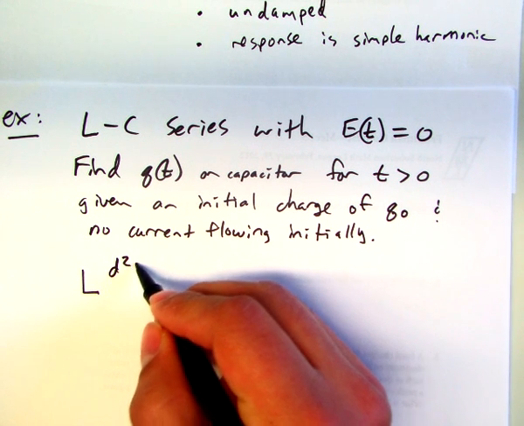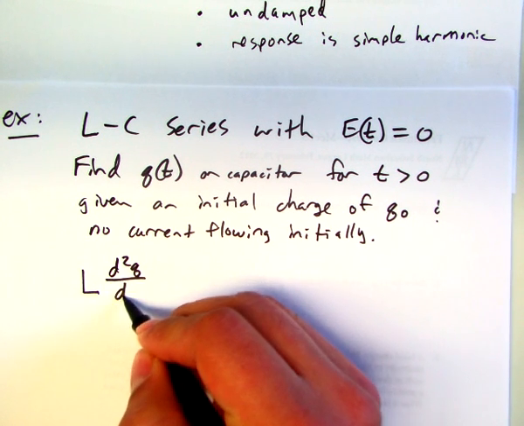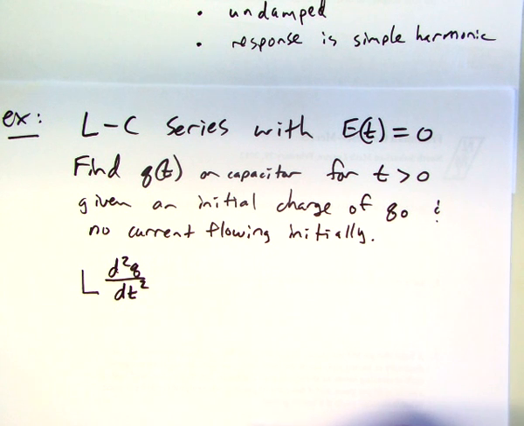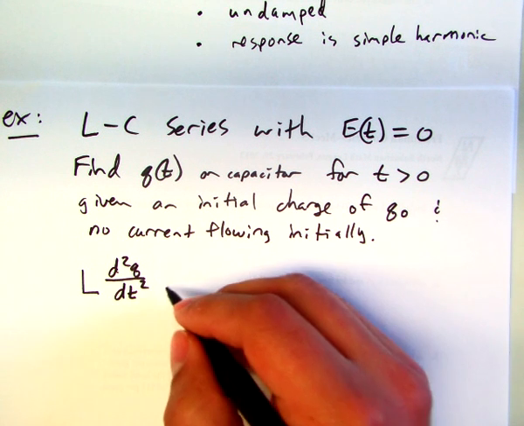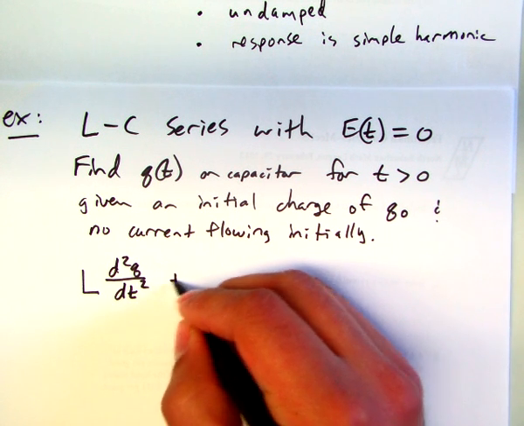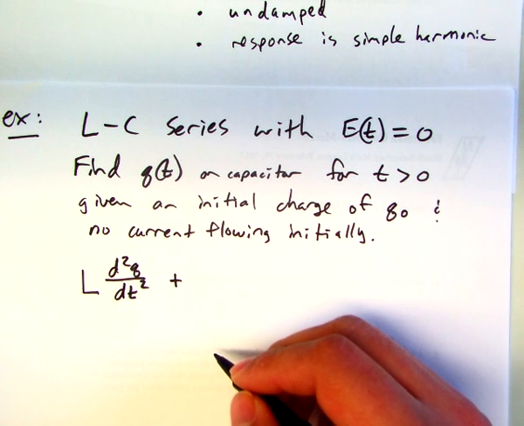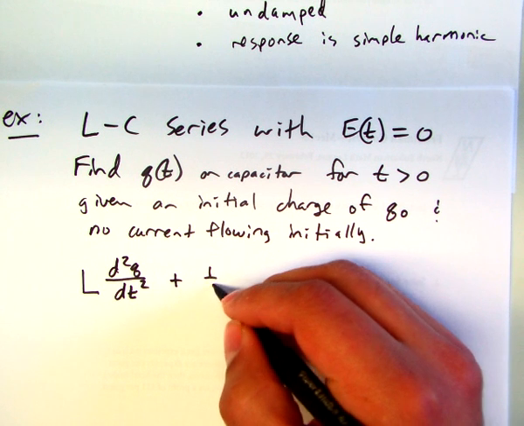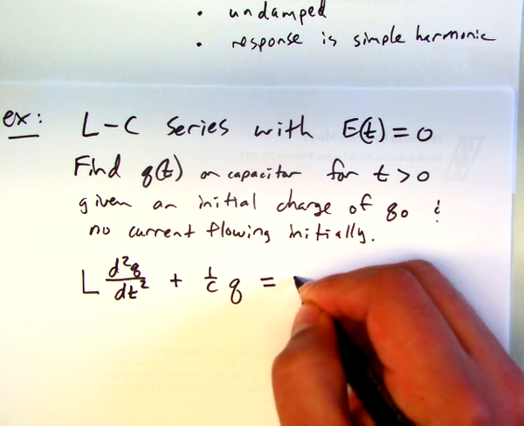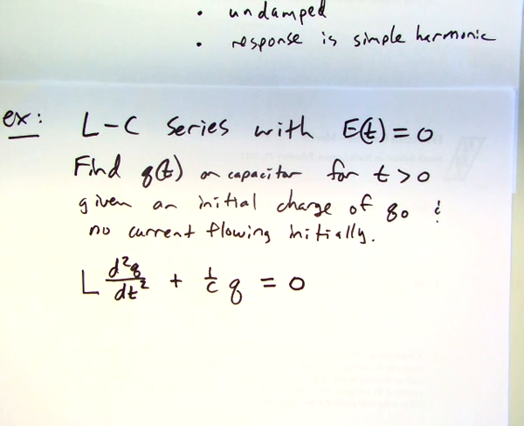L d squared Q over dt squared. There is no resistance, so the only thing left is what term? Plus 1 over C Q equal to 0. Okay?